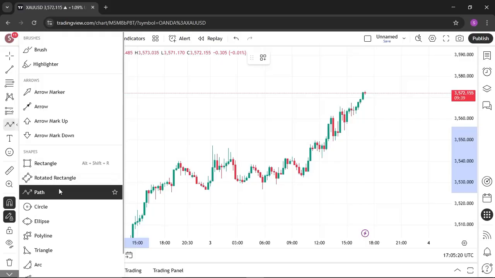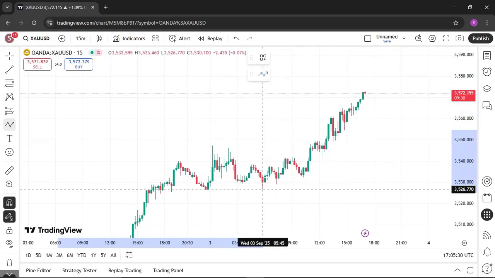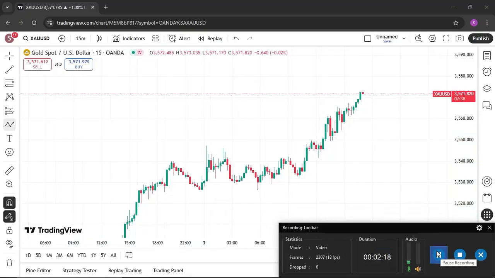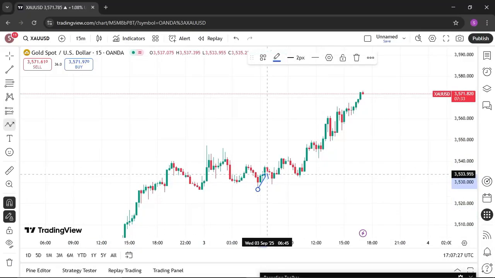I think something is wrong. Okay, let me try to get this path tool before we continue. Okay, so I've gotten the path tool.